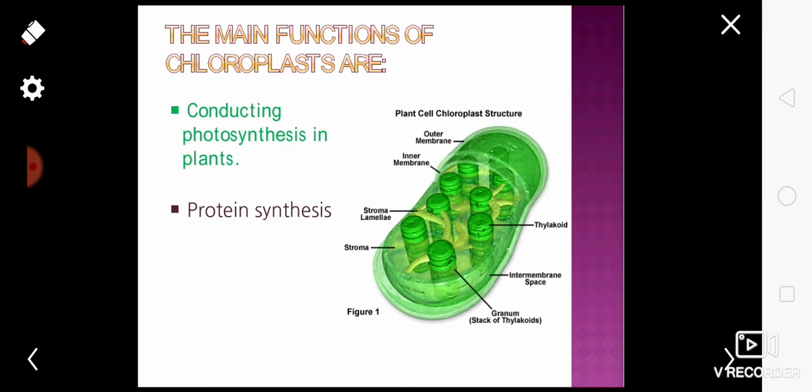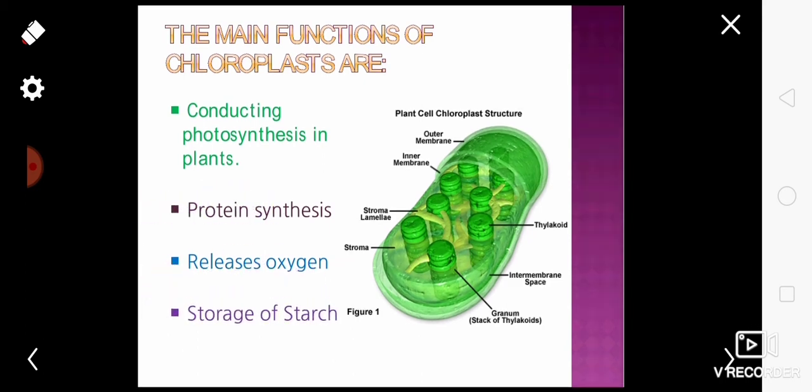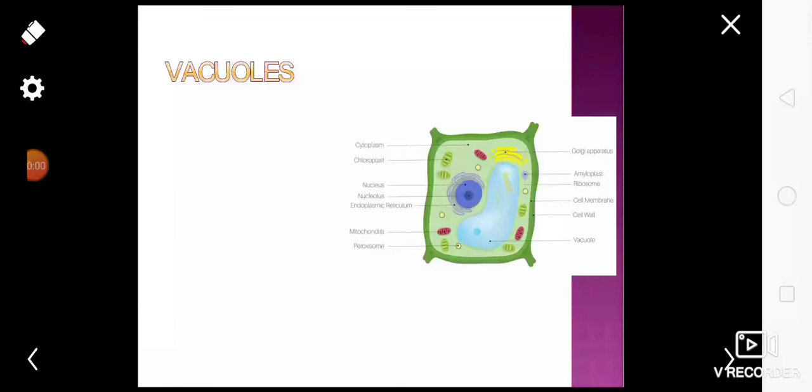Then third function is the releasing of oxygen. Then last function is the storage of starch material. So these are the functions of chloroplast: photosynthesis, protein synthesis, releasing of oxygen and storage of starch.